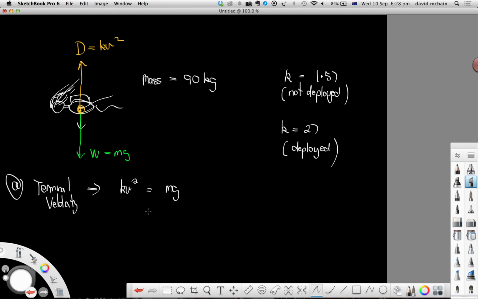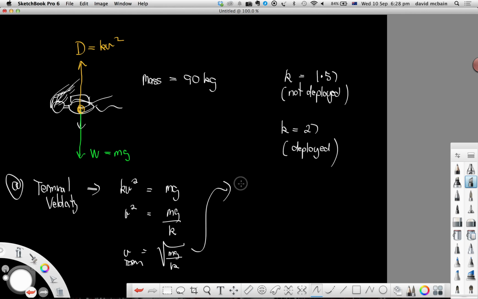So therefore, v squared will equal mg over k. Therefore, v will equal the square root of mg over k. So that's our v term, terminal velocity.